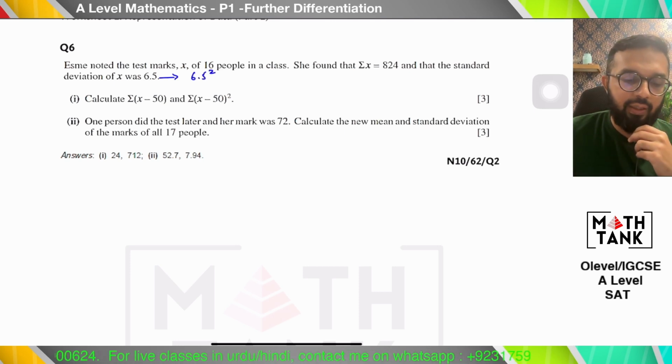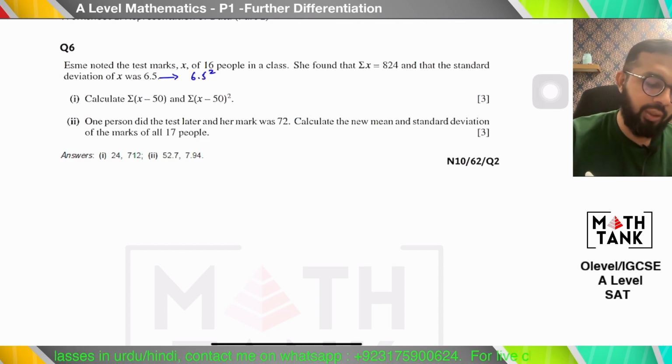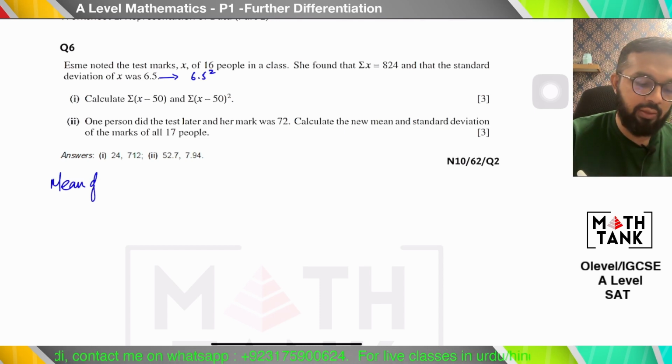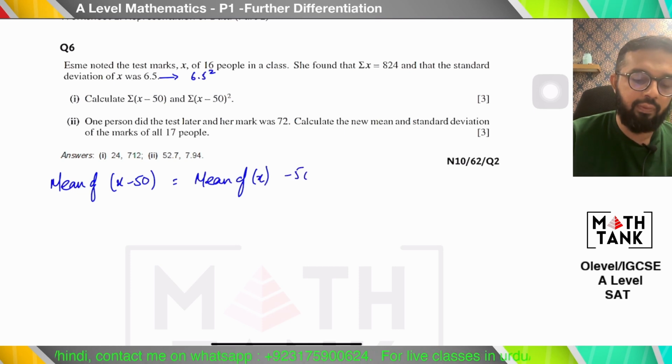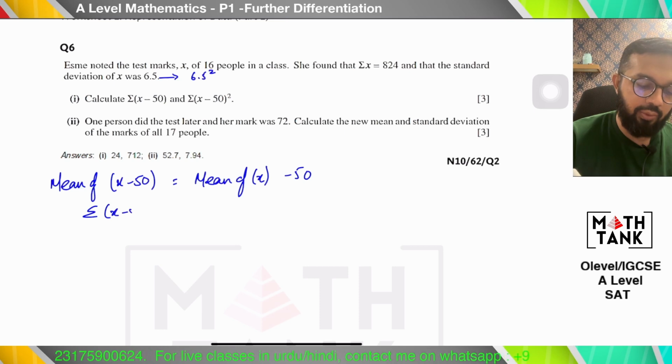Okay, calculate sum of (x minus 50). Now that's weird, but let's just stick to our guns and say that the mean of (x minus 50) can be found like this. Do I have the mean of x?